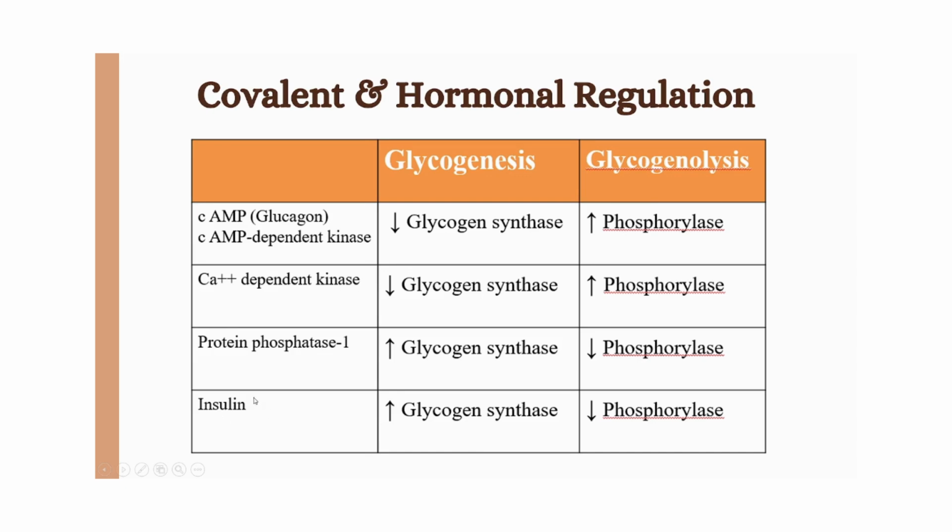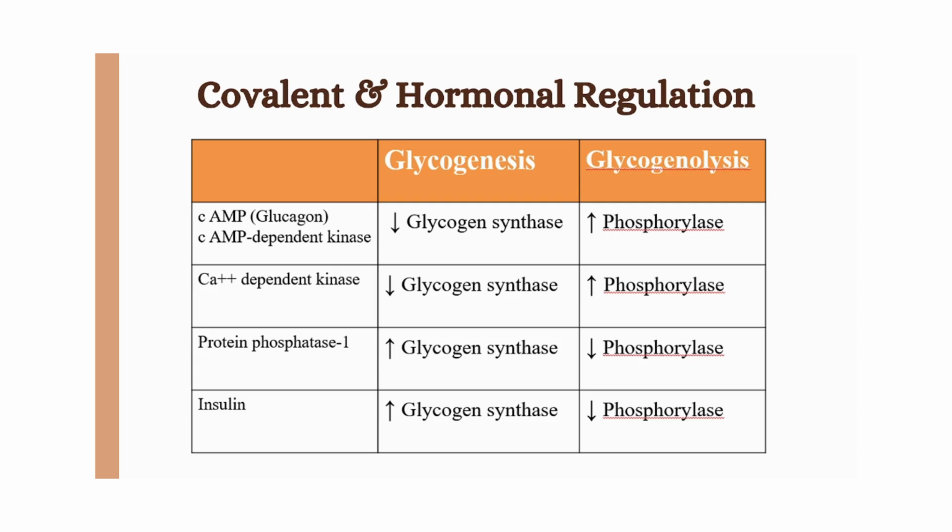Insulin, as a hormone, is produced in response to high blood glucose concentration. So there is a lot of glucose. This glucose needs to enter the cell and be used as an energy source through glycolysis, and the extra glucose has to be stored as glycogen.